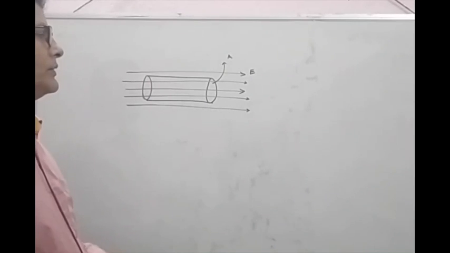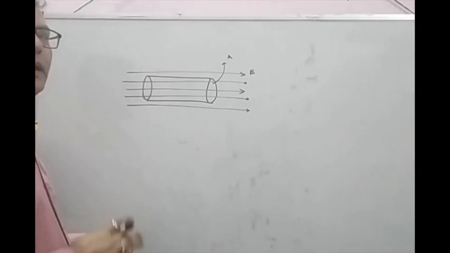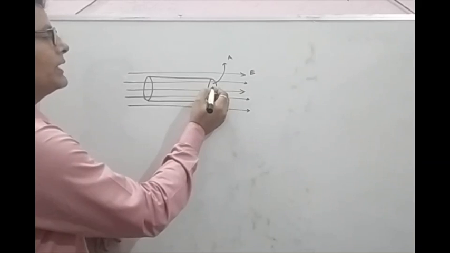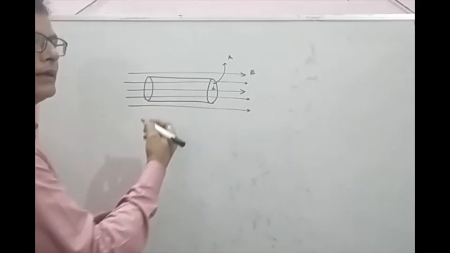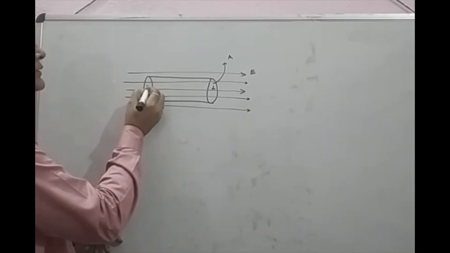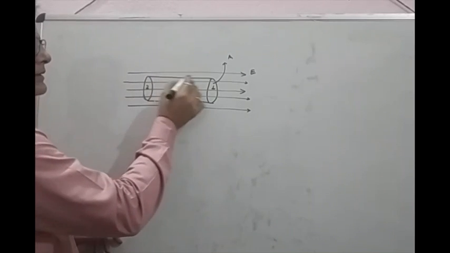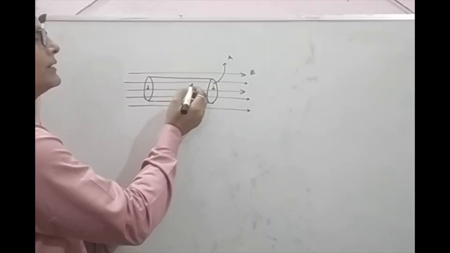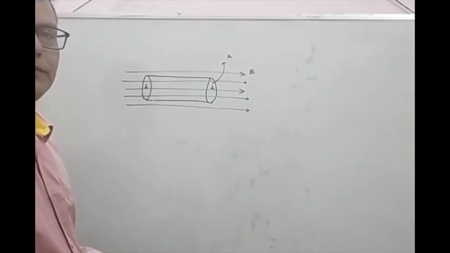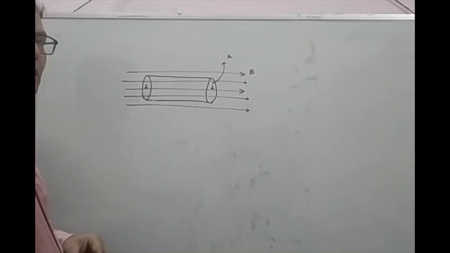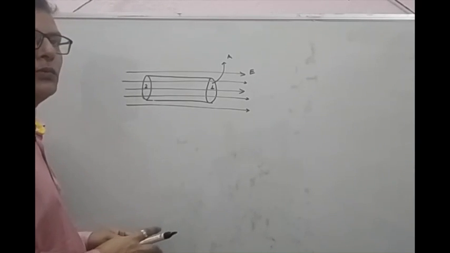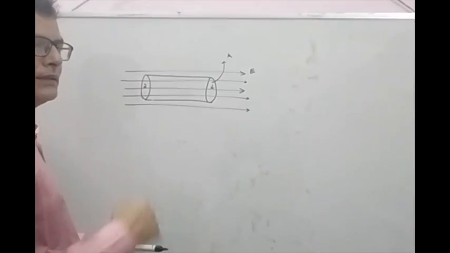Now we know that cylinder has three surfaces. One is circular area. Suppose this is surface 1. This circular area is suppose surface 2 and curved surface area surface 3. Since electric flux is a scalar quantity, we calculate electric flux through each surface.